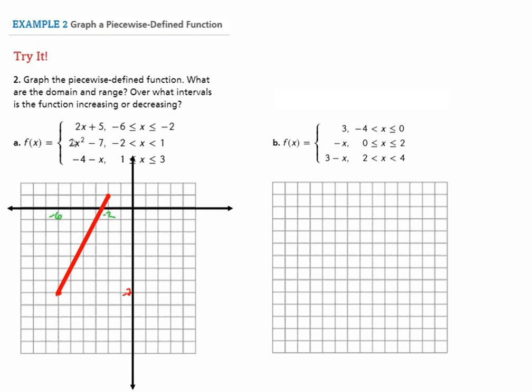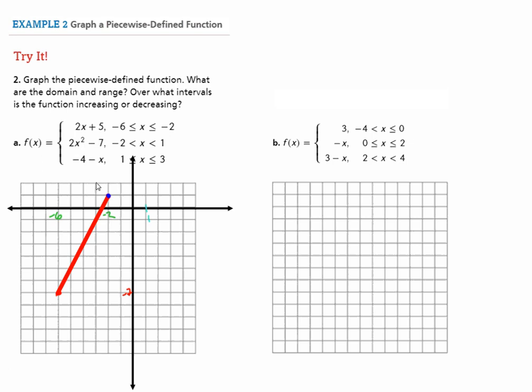And then I do 2x squared minus 7 from -2 to 1. I'll use a different color here. From -2 to 1, I have a different function happening, and I'll plug in those points. At -2, -2 squared is 4, times 2 is 8, minus 7 is 1. So we are right here. Let's plug in 0.